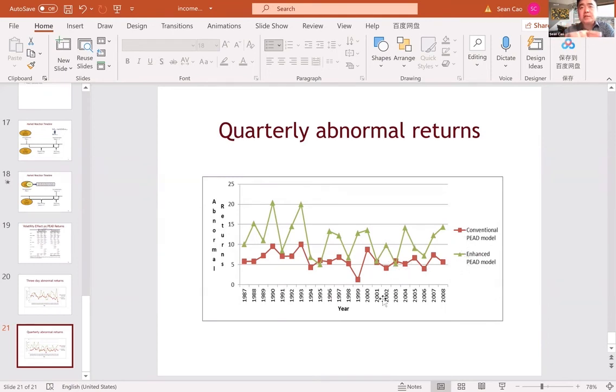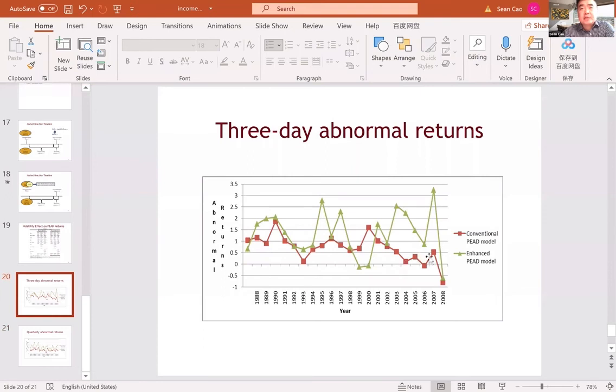So this is a classic trading strategy used by hedge funds, and it has been around a while. What I want to tell you is the red line is a classic trading strategy used by hedge funds, but the green line is the strategy I invented.